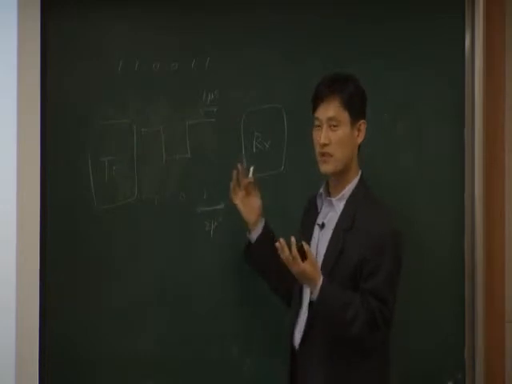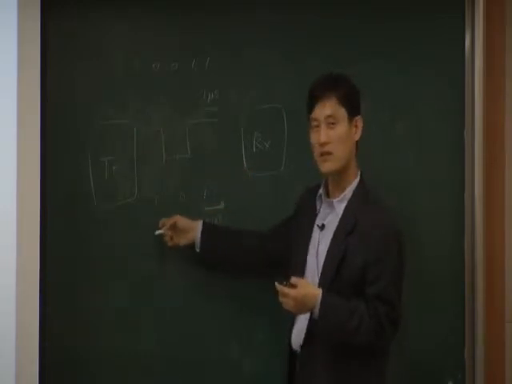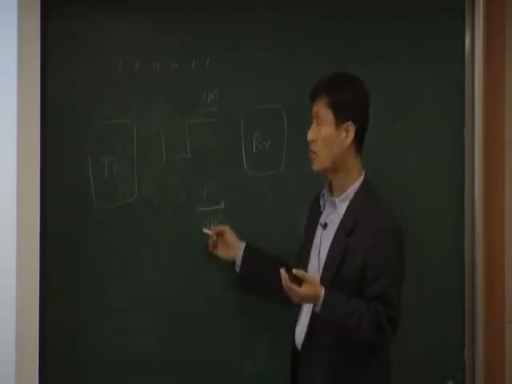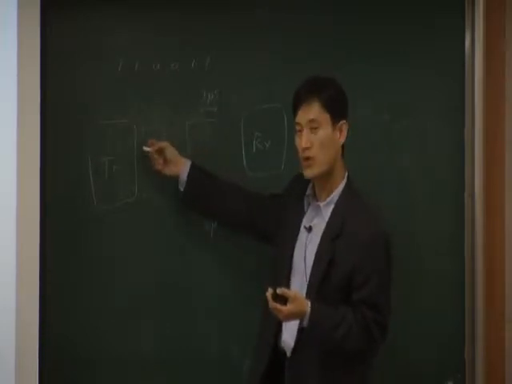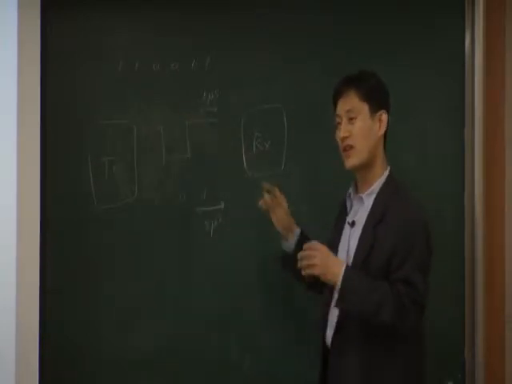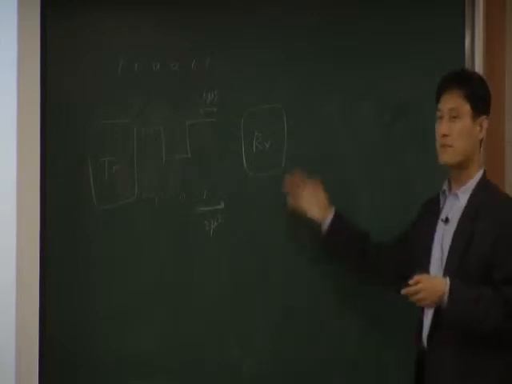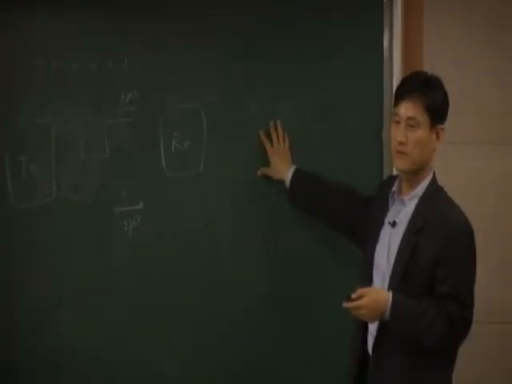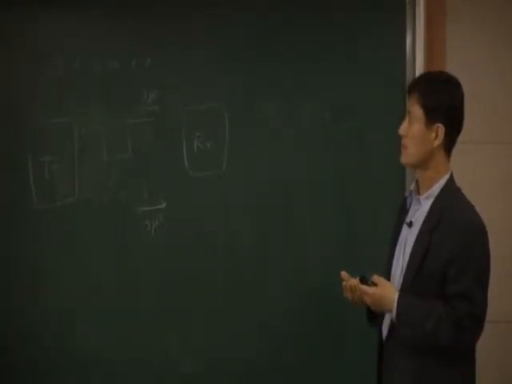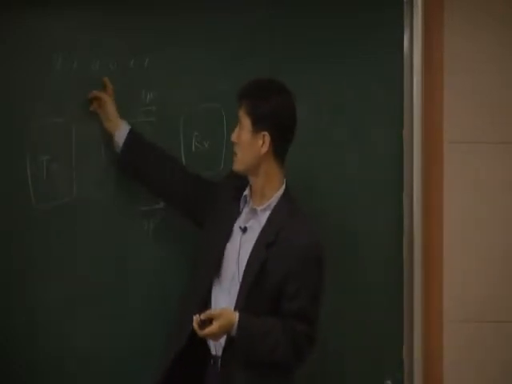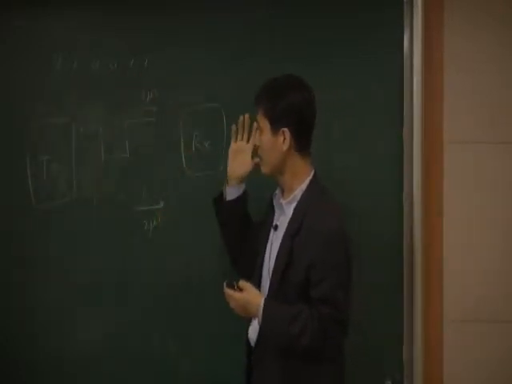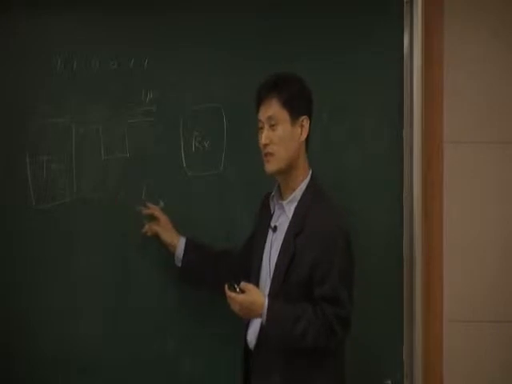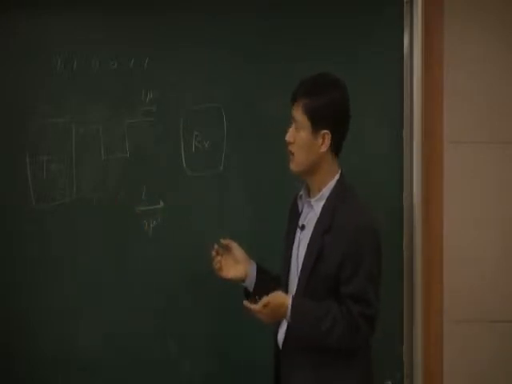So the receiver doesn't know if this is 101 with a slower clock or 110011 with a faster clock. There's an ambiguity here, so we cannot communicate.